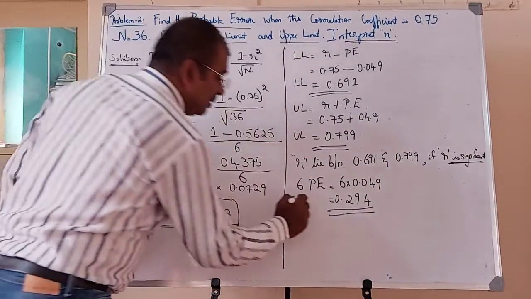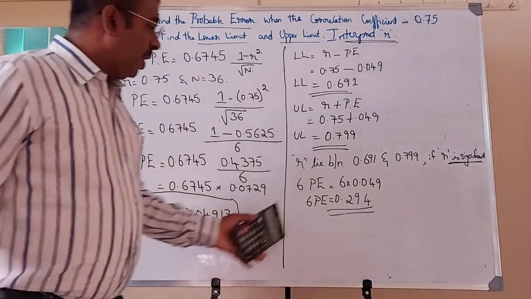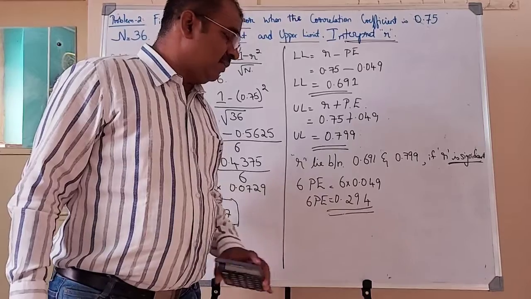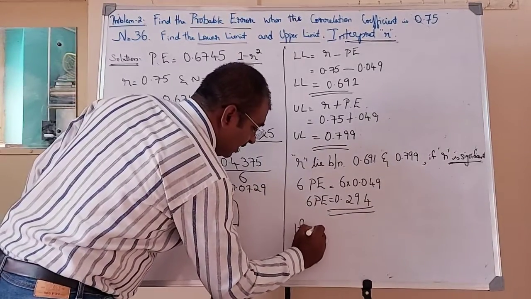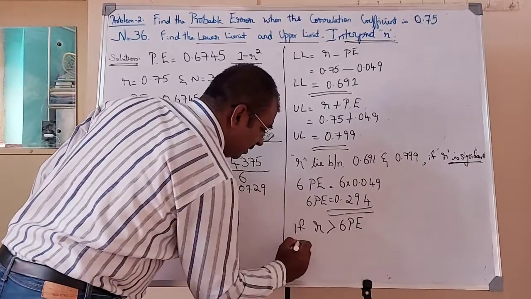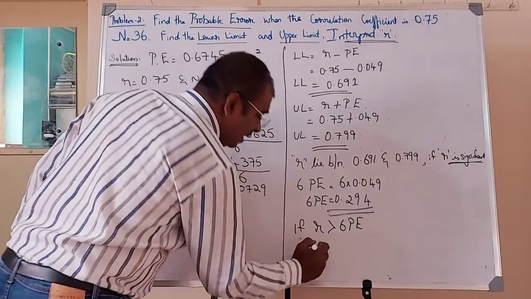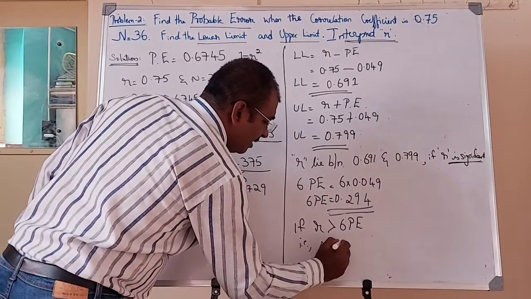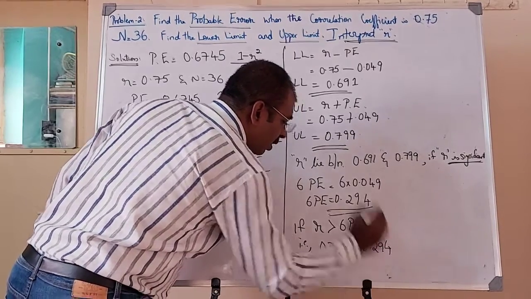We know that 6 times probable error is equal to 0.294. Now, the condition is if R is greater than 6 times probable error. The value of R is 0.75, 6 times probable error is 0.294.